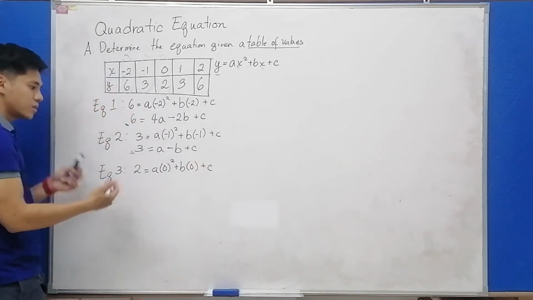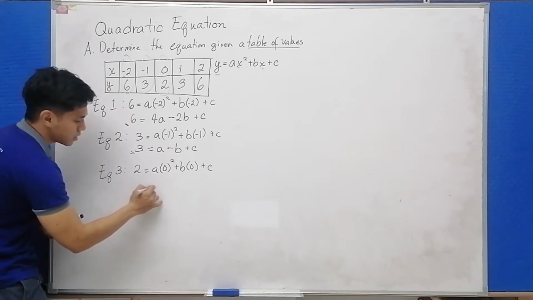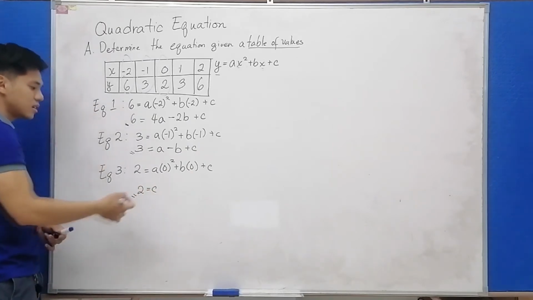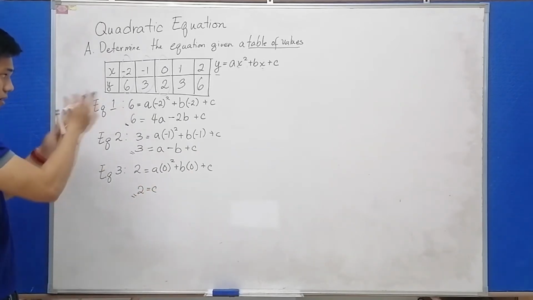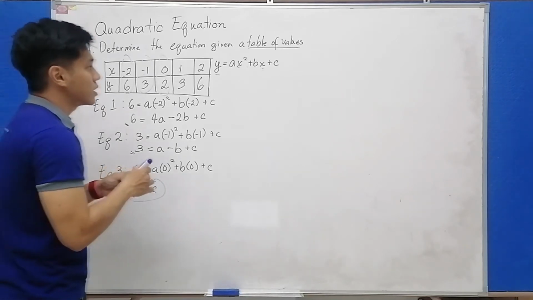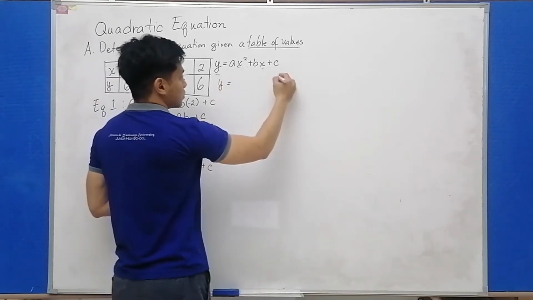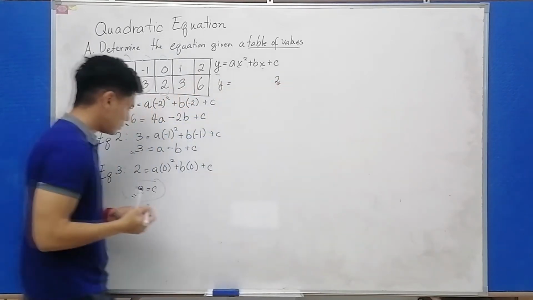So 0 will cancel out the a and the b, so that means we now have 2 is equal to c. So for our third equation, we already have c, which is 2.